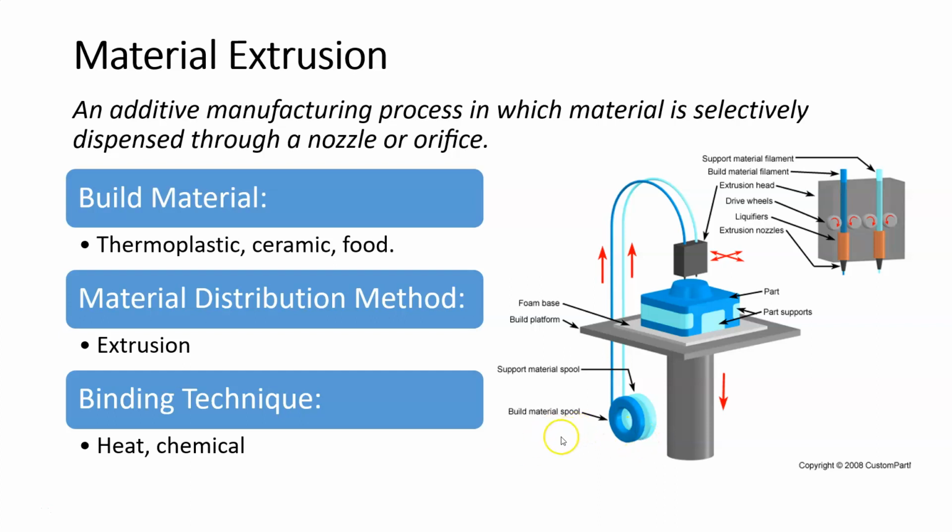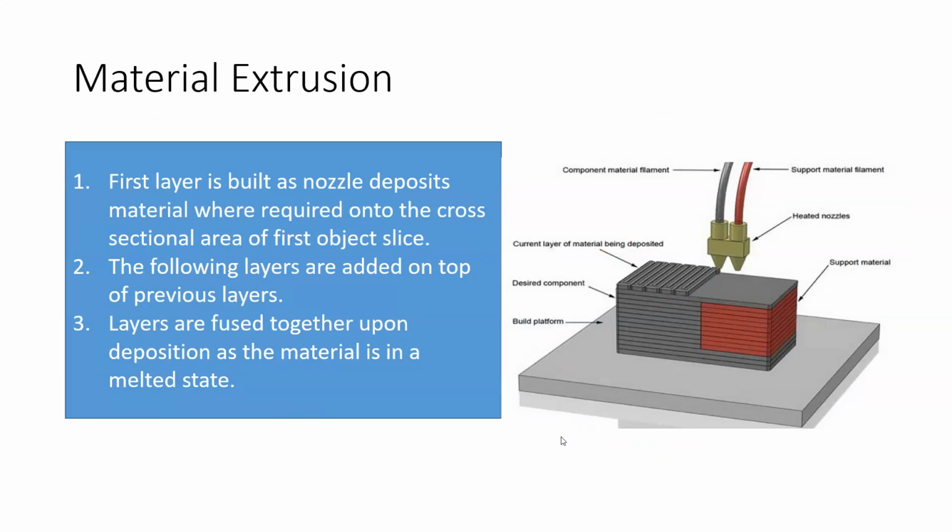All right. So let's talk about the different steps in a typical material extrusion process. So a typical material extrusion process is going to follow these three basic steps.